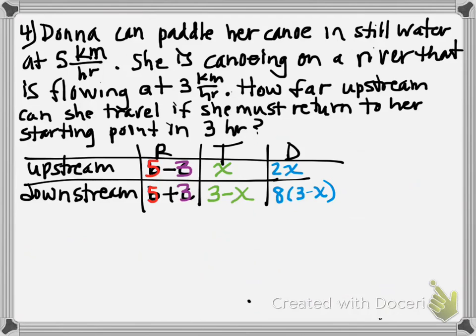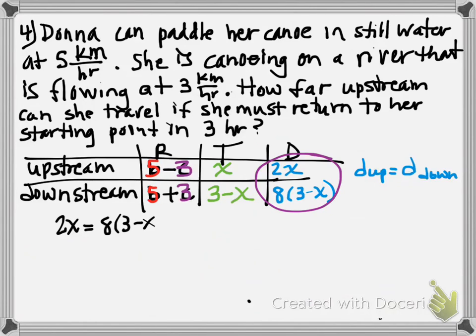And because we're on a return trip, that means the distance upstream is going to equal the distance downstream. So we're going to take these two guys and set them equal to each other. So this is kind of back to chapter 5. We did this. So 2x equals 8 times the quantity 3 minus x.